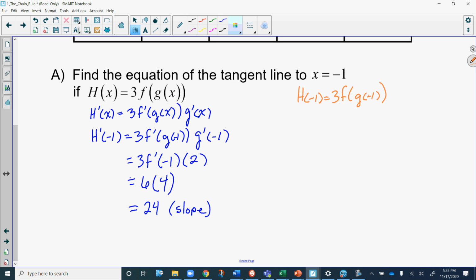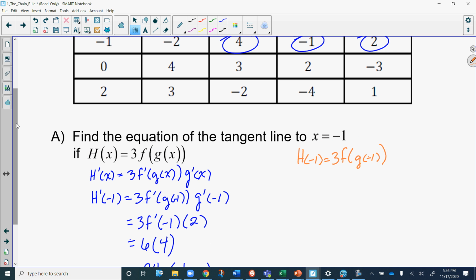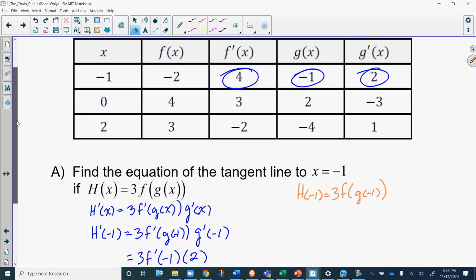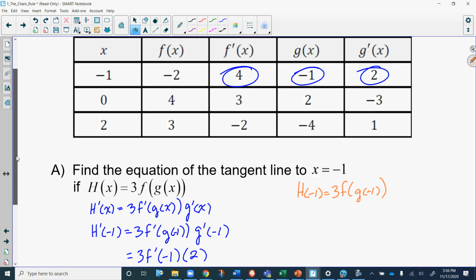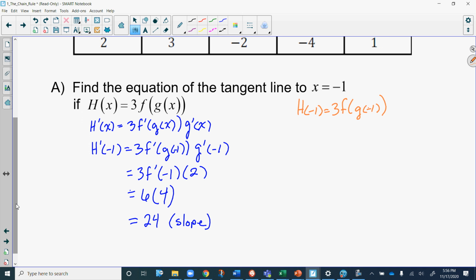So f of g of -1, g of -1 was -1. Okay, so we know that one, -1. So that'll give me 3 times f of -1.